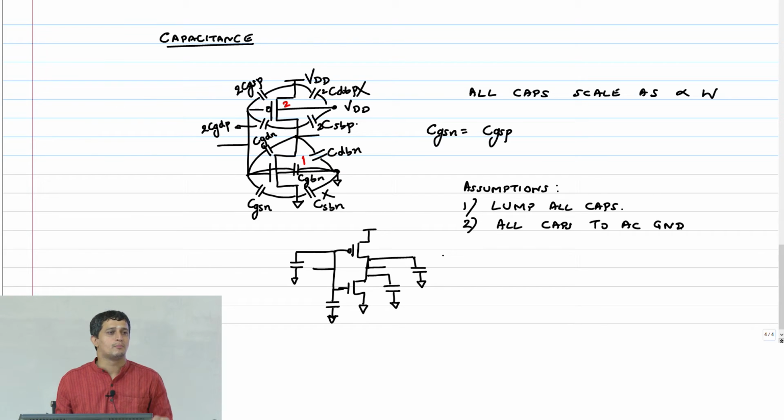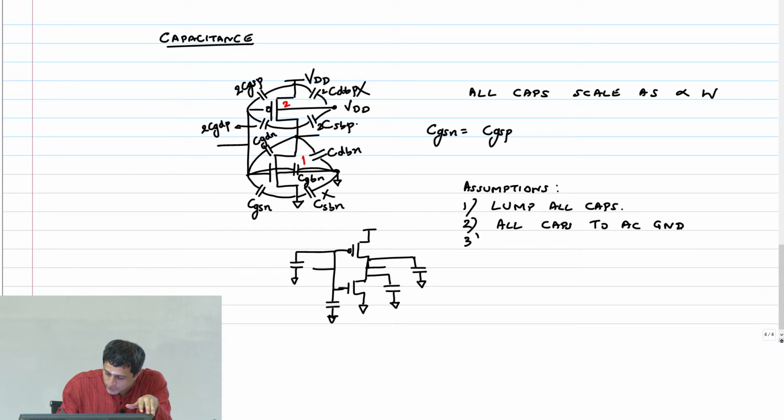Now we are going to make the biggest assumption which will make you question why we did all those calculations in module 1. We are going to assume that the CGD and CDB are basically of equal magnitude. You go back and look at the calculations that you did, the capacitances are not off by a lot.